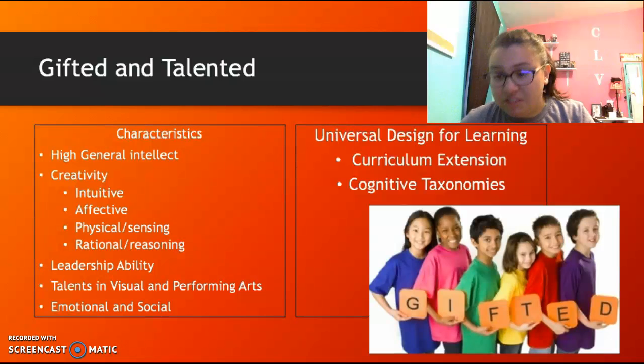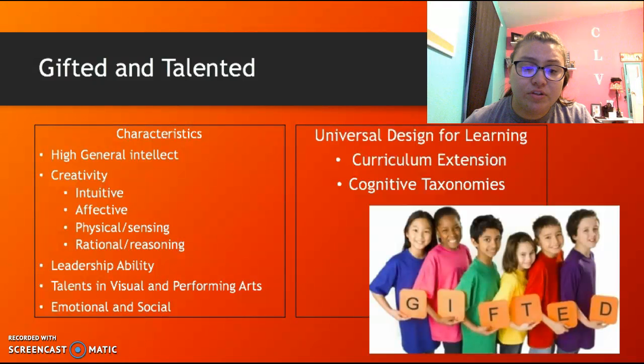For curriculum extension, students who are gifted learn content more quickly than their peers do, and they do not need as much repetition. So curriculum extension activities should not simply repeat the same task over and over. And they also want to be challenged at a higher level.